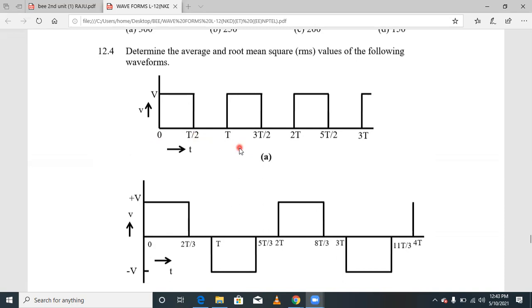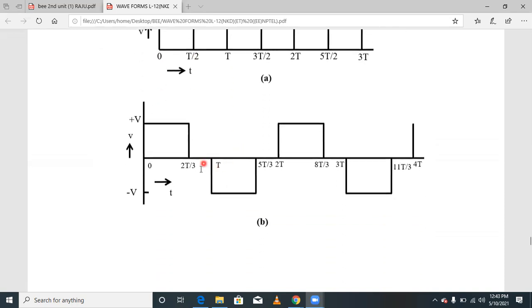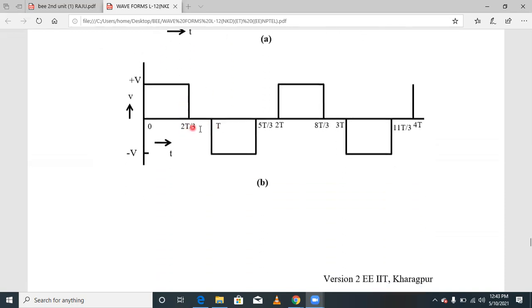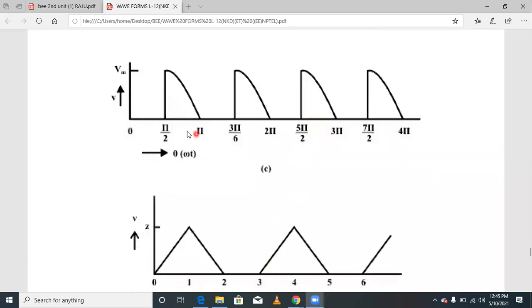And here, what is the time period of this waveform? What is the total time period? Is it 0 to pi by 2, or 0 to pi, or 0 to 3 pi by 6?